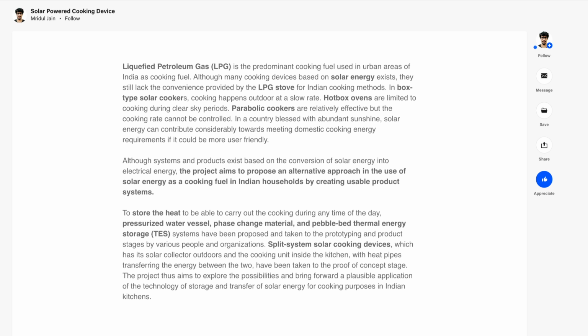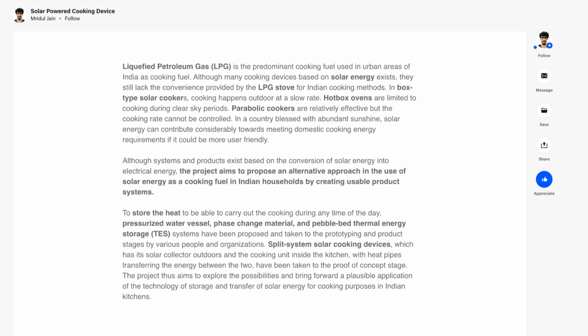Like in electric coil cook stoves, you can store energy in a battery, or you can convert the heat energy into electric energy, but you cannot store the heat energy per se. So this is the category I'm going into.